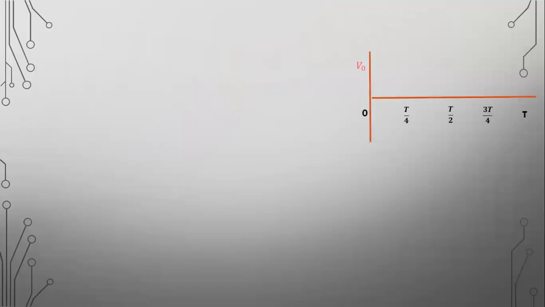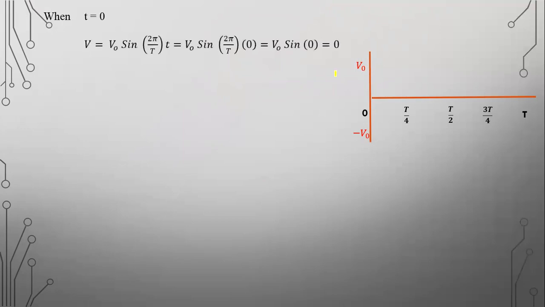So when t is equal to 0, here V naught is the peak value, the positive peak value of the voltage, and minus V naught is the negative peak value of the voltage. When we put small t equal to 0 in the general equation, it becomes V naught sine of 2 pi over T into 0.